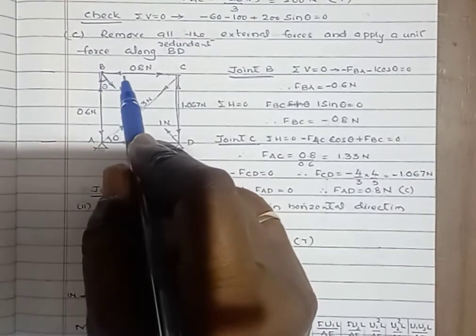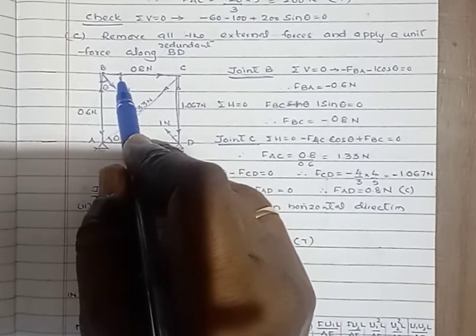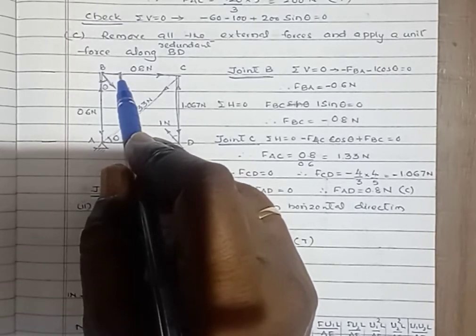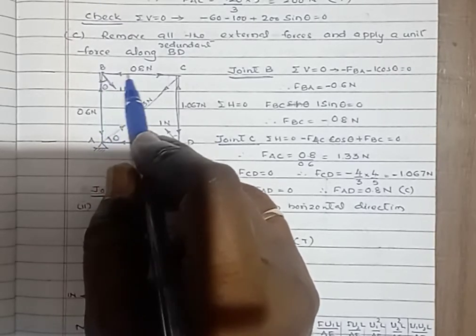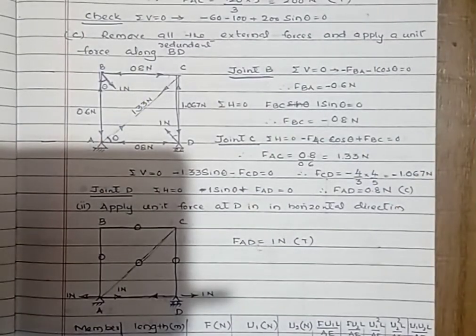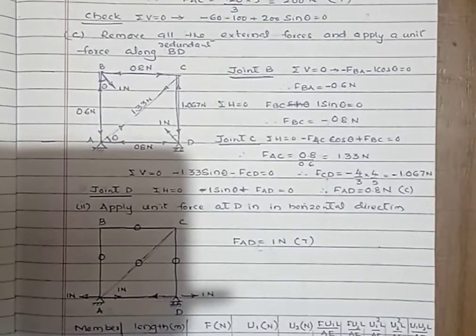Here this one was assumed as tensile, but we have got a negative sign. Both of these are compressive in nature, or acting towards the joint. One is 0.8 and one is 0.6 Newton respectively.